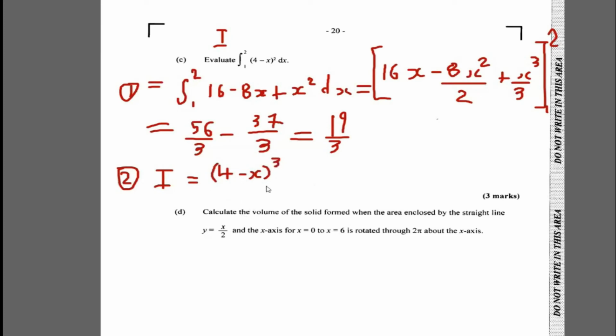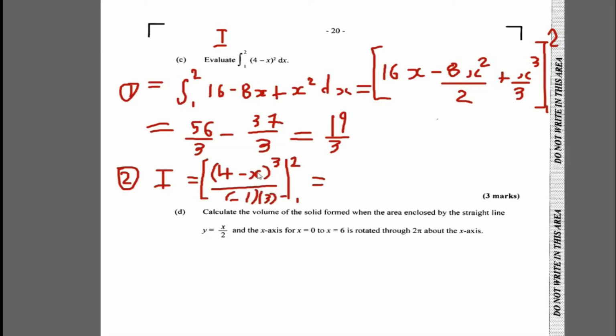This is the common approach that most people will take, and you're integrating from 1 to 2. Add 1 to the power, divide by the power. I forgot to divide by the power of 3. Put the 3 in here. Divide by the differential in the bracket, yeah.